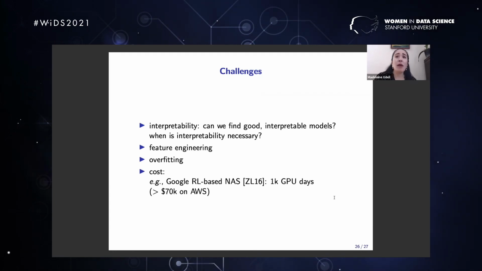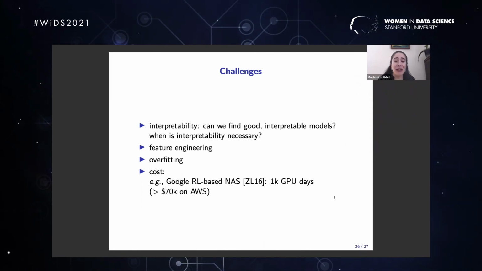The final problem is cost. Okay, at the extreme upper end, for example, Google's reinforcement learning-based neural architecture search uses 1,000 GPU days to train. Okay, so over $70,000 on, say, Amazon AWS in order to train that neural architecture search model.